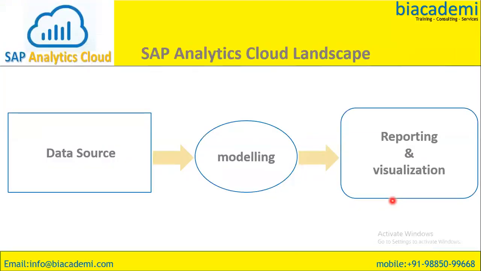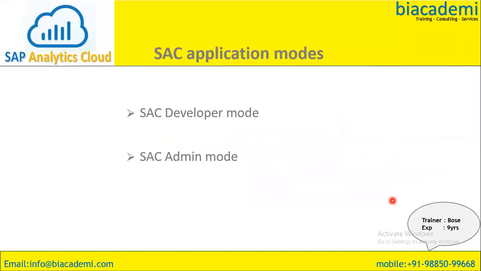Is it clear? Then I'll move to the other part. Next, we have SAP Analytics Cloud. What are the different areas of SAP Analytics Cloud? We have two different areas: developer mode and admin mode.